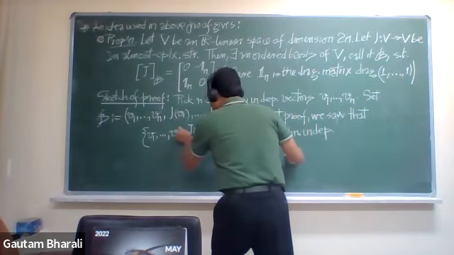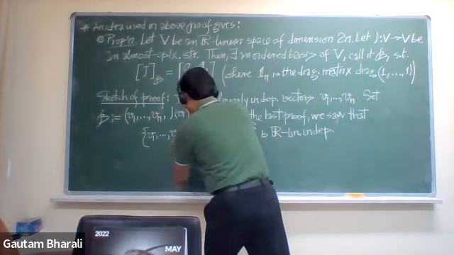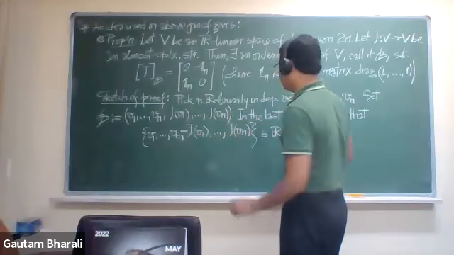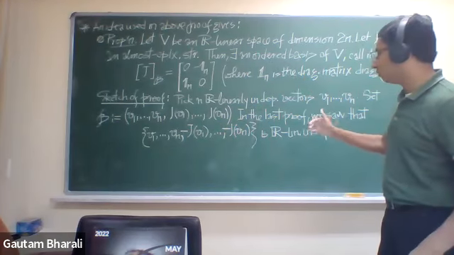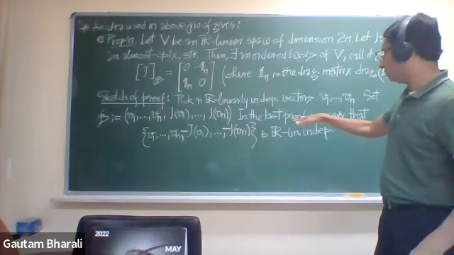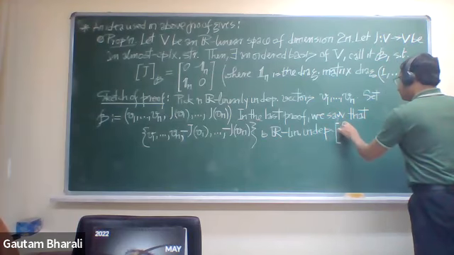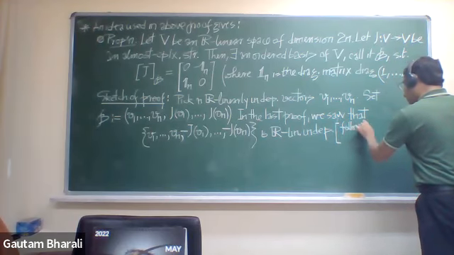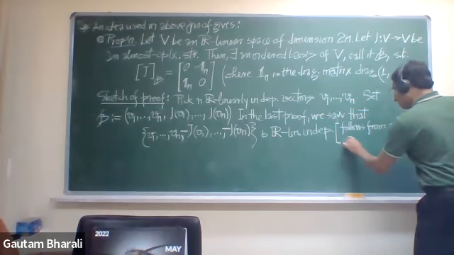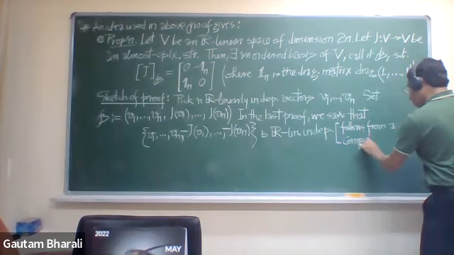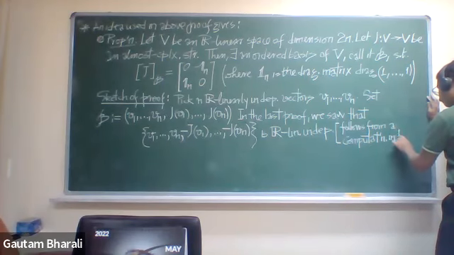So actually what I did is I showed that v1 through vn, negative J v1, through negative J applied to v sub n are linearly independent. So this follows from a computation in the last proof.